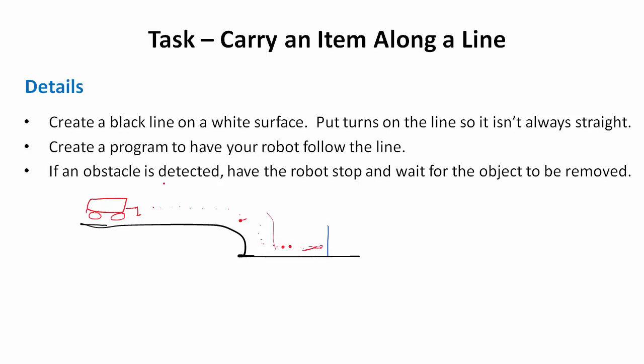So you say, well, what kind of a task would this be? Why would you ever do this? Imagine you're in an office building or a school, and you want mail to be delivered from the front office into every classroom. Somebody puts a piece of black tape down all around the school or the office building, and it goes into everybody's office or room, and comes up right by the desk.